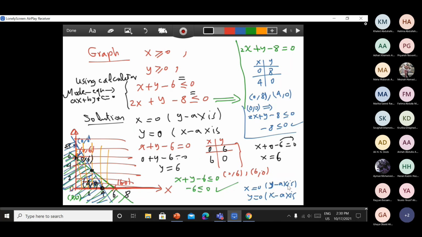Now input the coefficient. What is the coefficient? The first one, 1, 1, minus 6. And the second one, 2, 1, minus 8. Press equal. What do you have now? X equal to what?